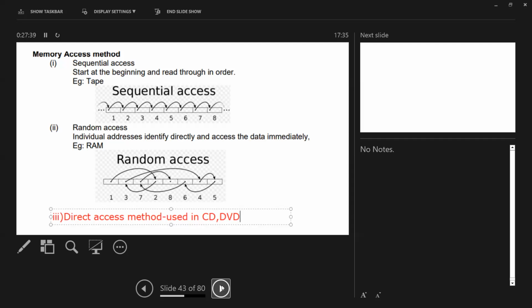If you have the CD, we can directly access the file with the direct access method. Random access means we can randomly select, or identify an individual address directly, and access data immediately. Those three types are the memory access methods.